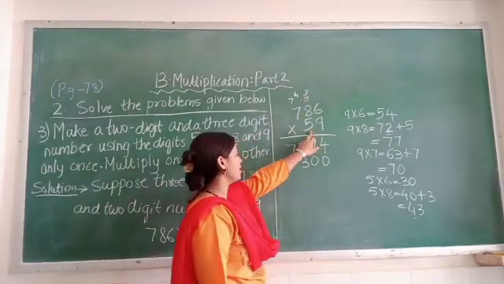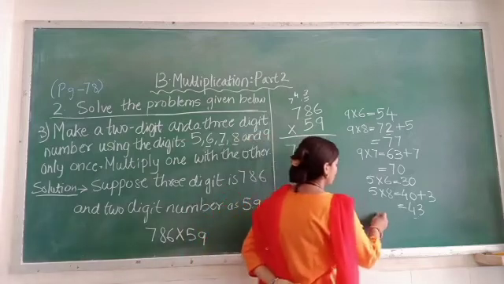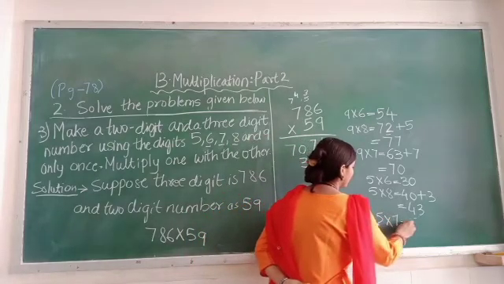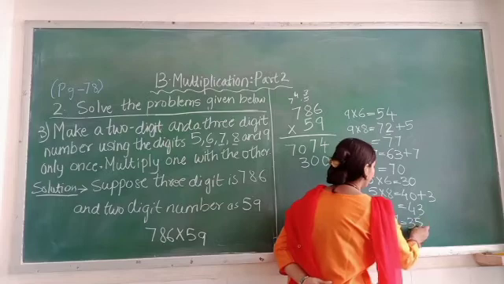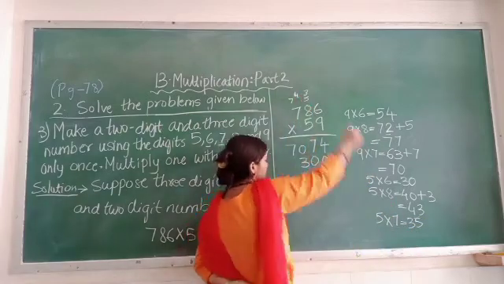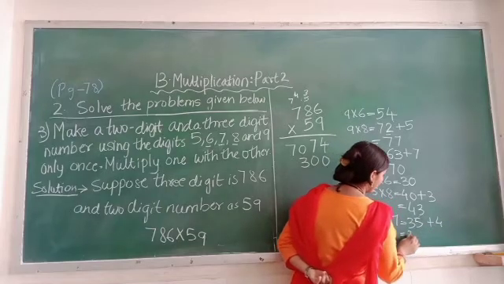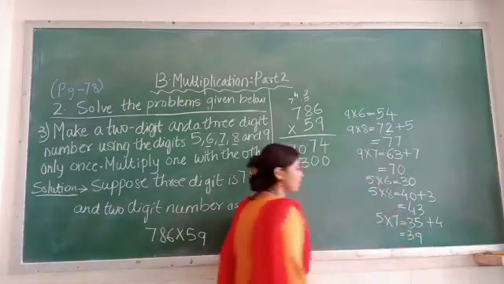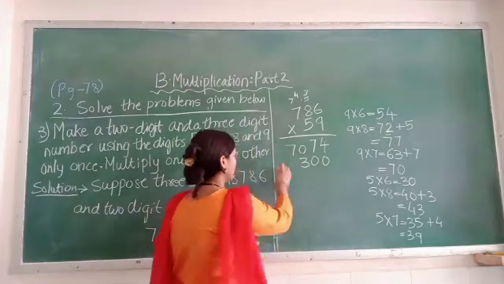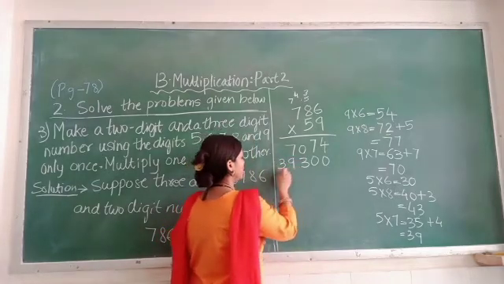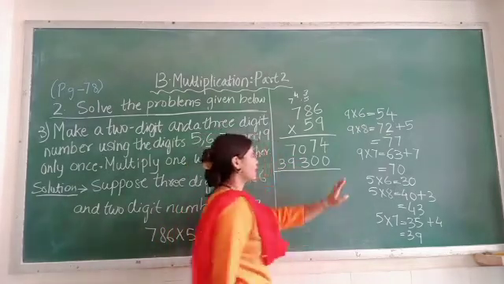Now we will multiply 5 by 7. 5 multiplied by 7 is 35 and this 4 we will add. So it will become 39. 35 plus 4 is 39. So we will write 39 and what is the next step?